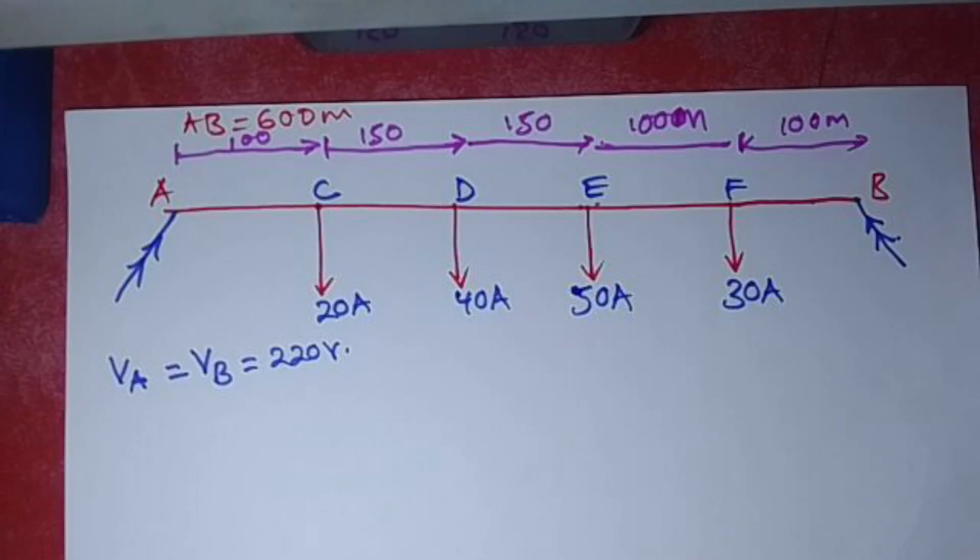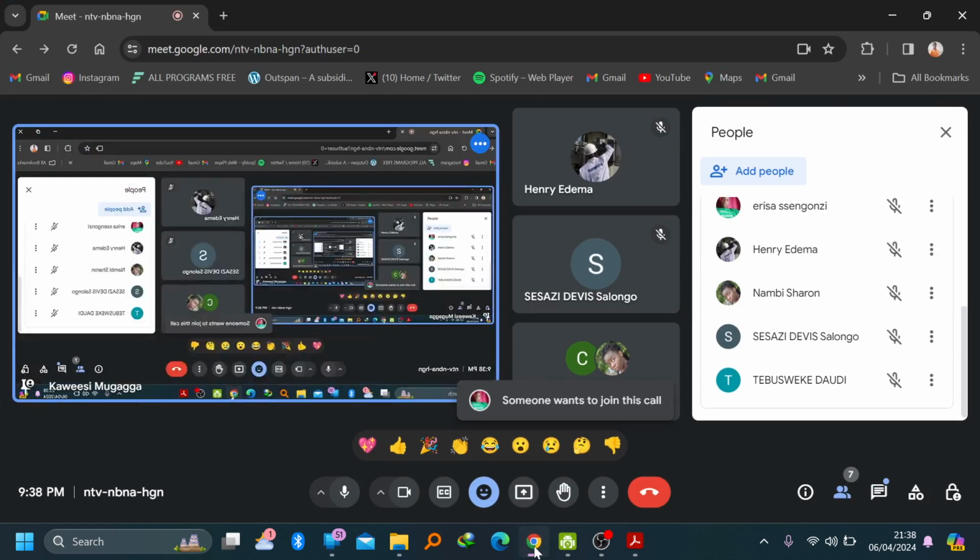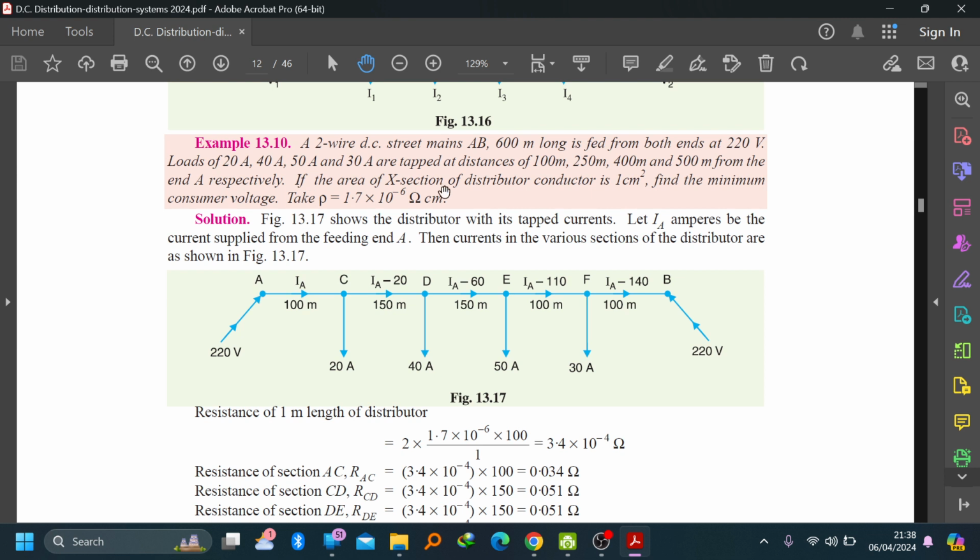Now when you proceed down further, they are telling us that the cross-sectional area of the conductor is 1 square centimeter.